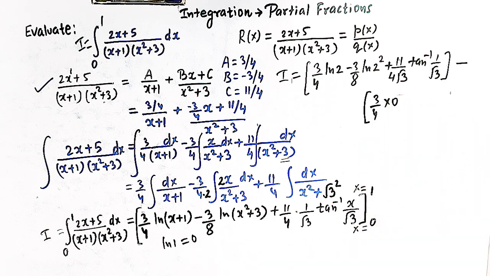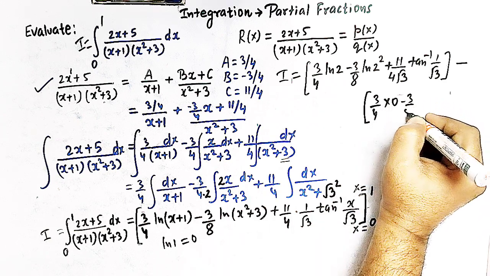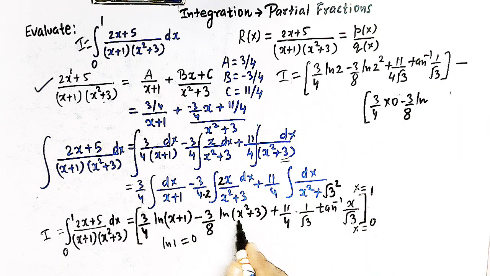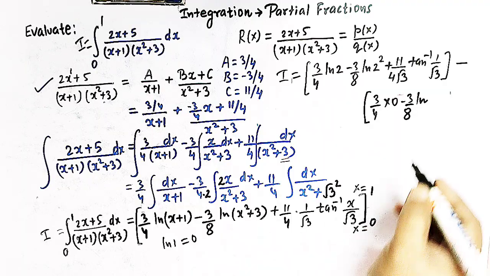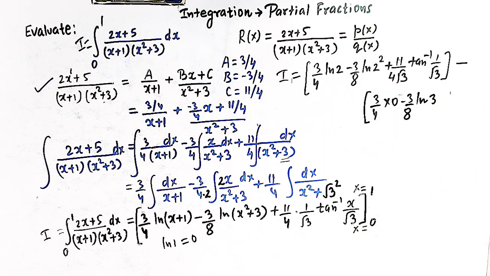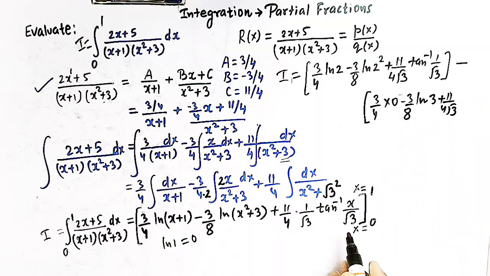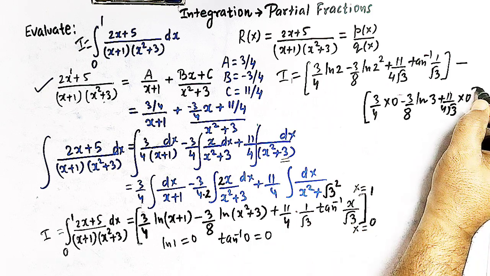So here we have 0 minus 3 over 8 natural log of, here we have 0, so 0 plus 3 is simply 3, and here we have plus 11 over 4 root 3, and when we take x is equal to 0, then this term is 0. X over root 3 is 0, and tan inverse 0 is 0. So here we have 0.